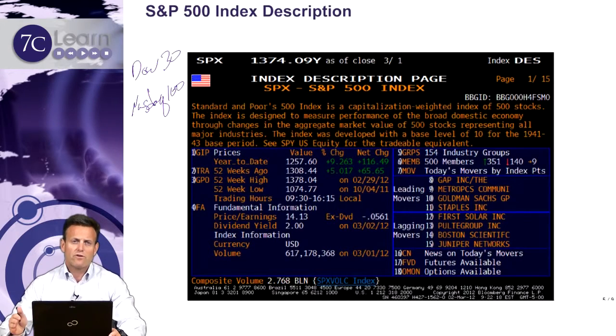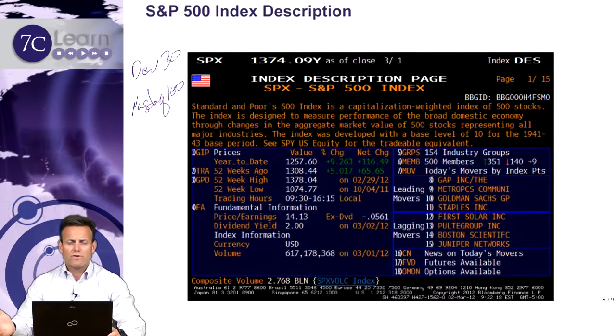The NASDAQ 100, the S&P 500, the FTSE, any modern index is going to be what we call market cap weighted, by the size of the equity value of that particular business. So the Dow is a bit more of an antiquated index. It's frequently spoken of because it's the Dow Jones Industrial Average. Dow Jones publishes a newspaper called the Wall Street Journal, a very popular financial periodical in this country.